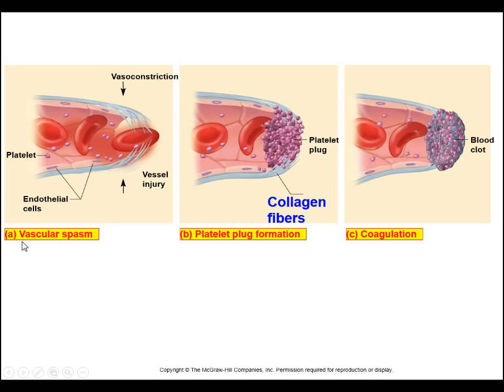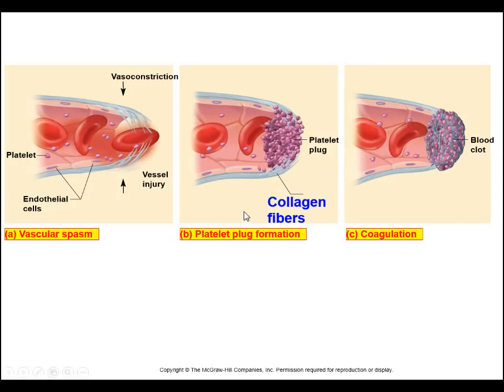So our first response is vascular spasm, and again, vascular spasm would be vasoconstriction, meaning reduced blood flow to the area until we can close off the injury or trauma and stop the bleeding.